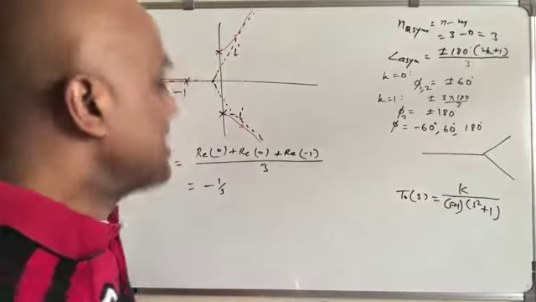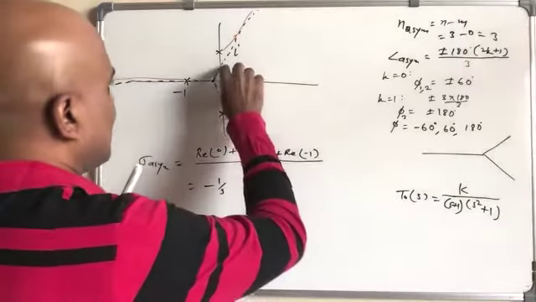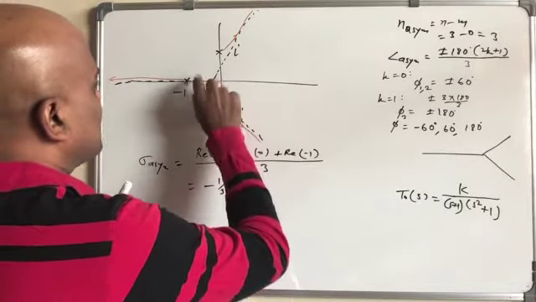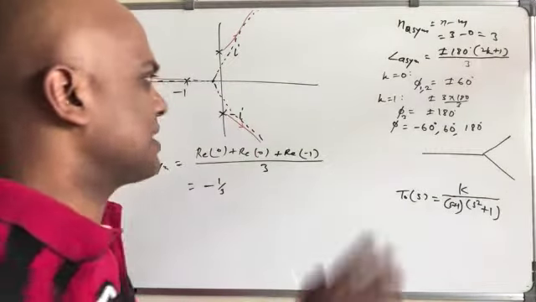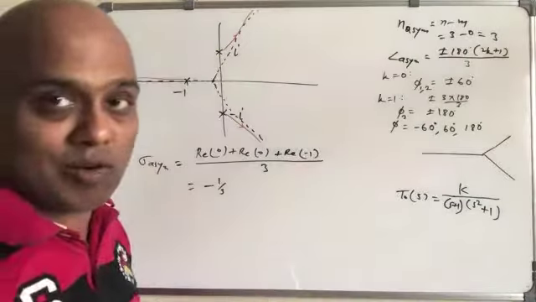You can also see why all these angles had to be 60 degrees, or this is equally divided 120, 120, 120. Means, what is the origin of this equation? This also you can see now. How?